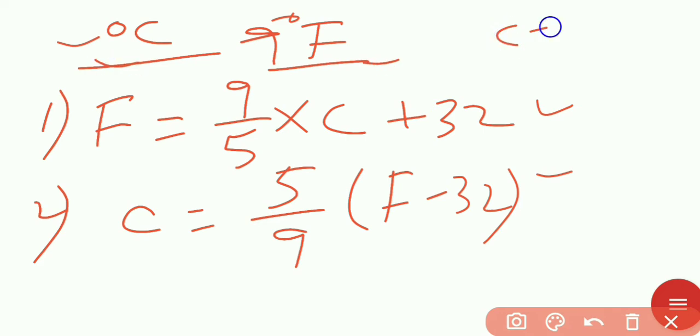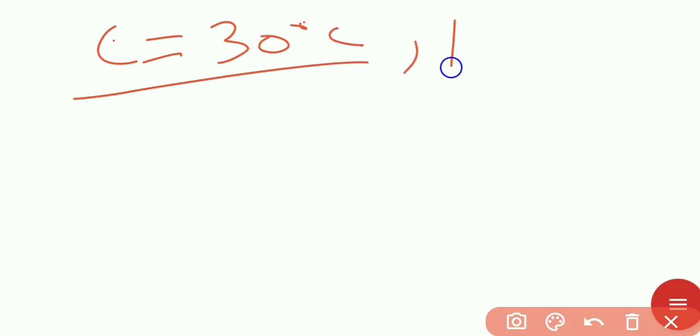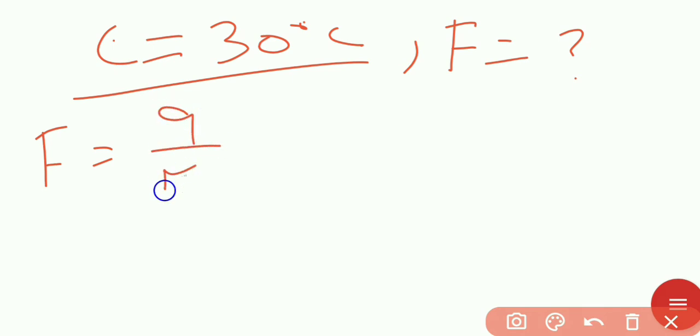For example, if the value of C is given as 30 degree centigrade, and the question asked is what is the value of F. Then we will use the formula F equal to 9 by 5 into C plus 32.